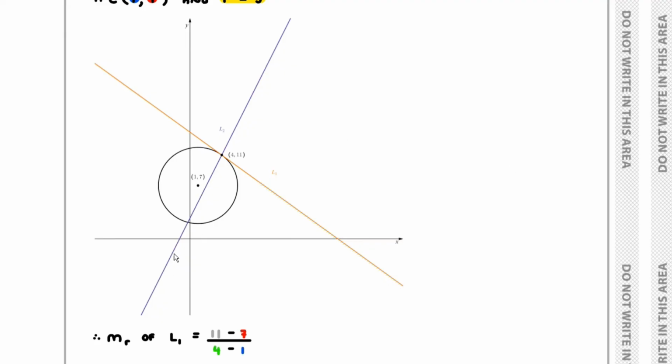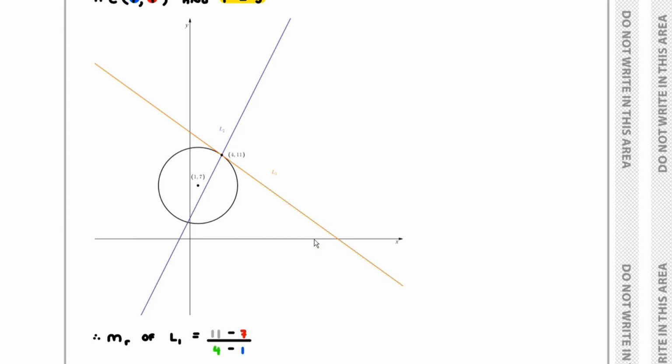For me to find the equation of L2, I need 2 points that pass through L2 to find the gradient of L2. Now, I know that I've got a triangle here with area 110 square units. I can find out the height, that's quite simply 11. I can also find out where L1 intercepts the x-axis by setting equation L1 equal to 0.